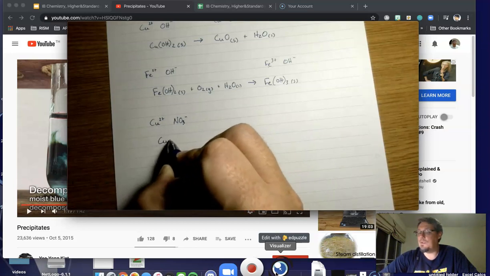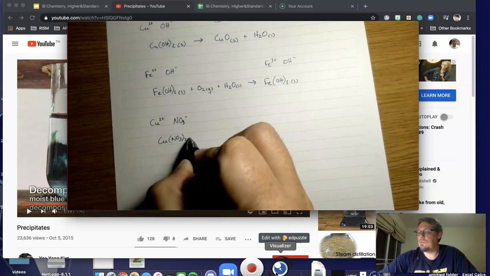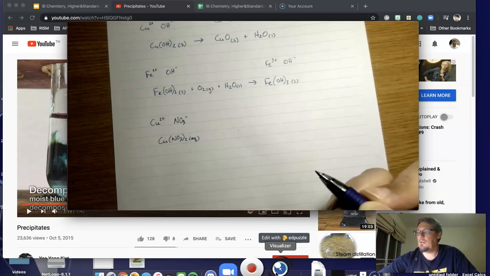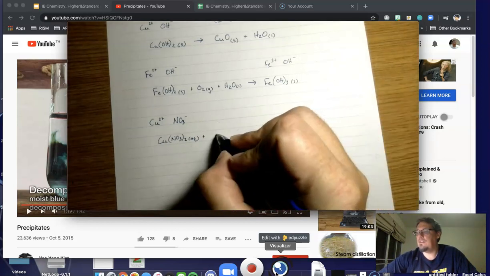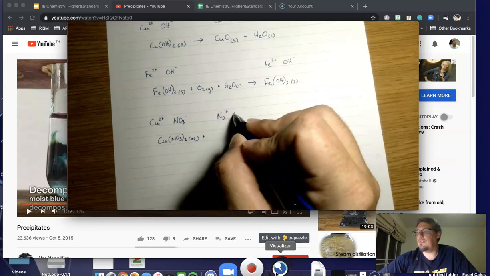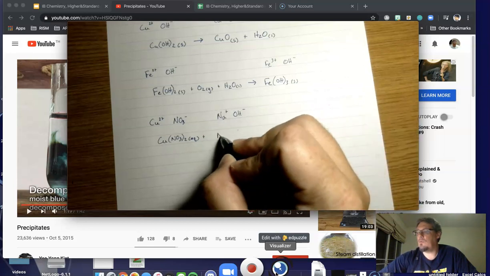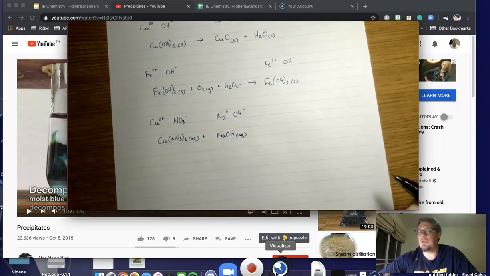So this is aqueous, Cu(NO3)2, AQ. Okay, this is reacting with sodium hydroxide. Sodium is Na plus, hydroxide, OH minus. So we have a 1-to-1 here. NaOH, also an aqueous solution.